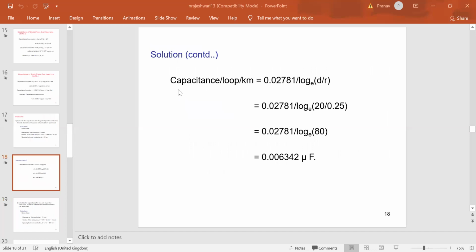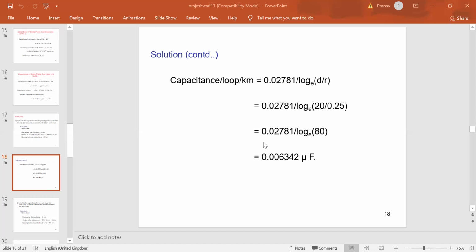So we'll take the formula directly. Capacitance per loop per kilometer will be given by 0.02781 divided by log of d by r. By substituting these values, 0.02781 divided by log of 20 divided by 0.25.